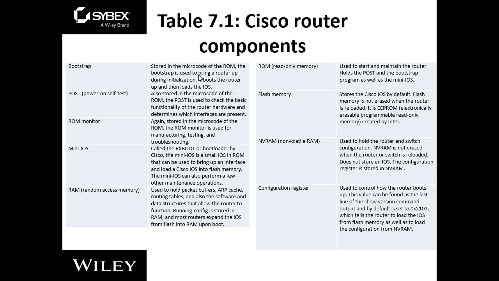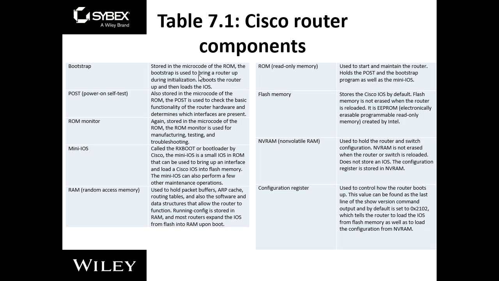After we get ROM monitor up, we also have another option called a mini IOS. And the IOS is the operating system for your switch or router. However, there is a smaller version which allows us to do some fundamental device checks and diagnostics.